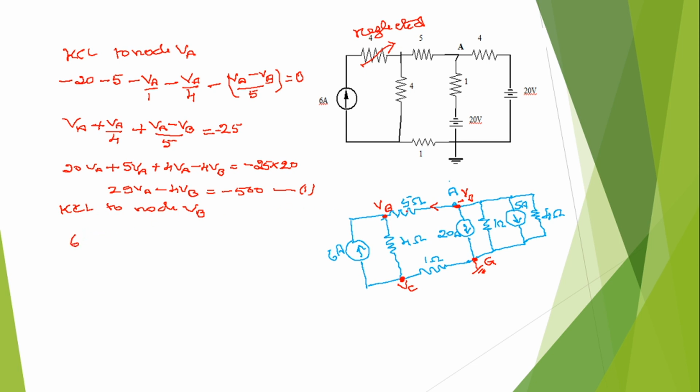What is the current flowing in this branch? In the previous case, I considered this one with respect to VA. Now I have to consider the direction with respect to VB. So the current flow direction I will assume in this direction. So what will happen? Outgoing current, so minus, what is the current value? VB minus VA divided by 5.